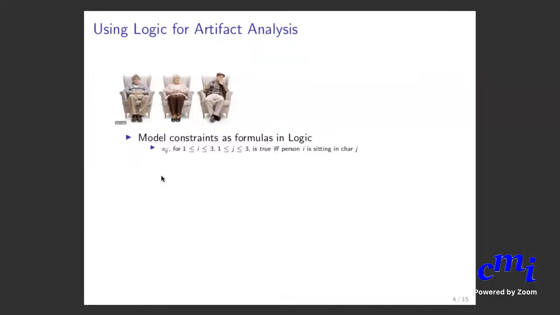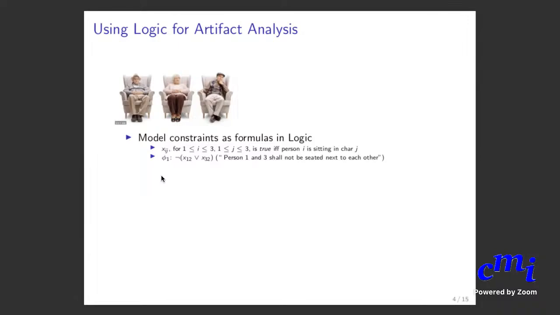So given this choice, I imagine you would have already guessed how you would model the various constraints. The constraint that persons 1 and 3 cannot be seated next to each other can be modeled like this: it cannot be the case that x1,2 and x3,2 hold, that is, not of x1,2 and not of x3,2.